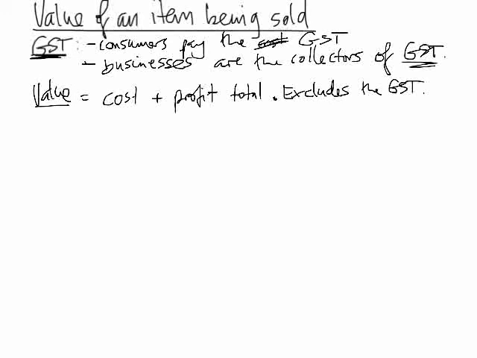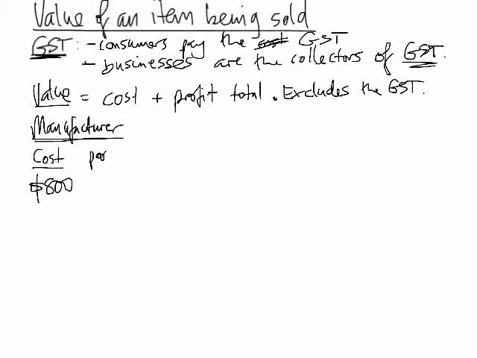Okay, so let's try running an example. Let's say you're a manufacturer. You make statues or something, and it costs you $800 to make this statue. Now you want to get paid for your hard work, so let's say you want to make a profit.